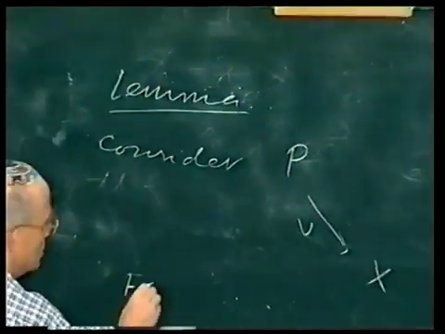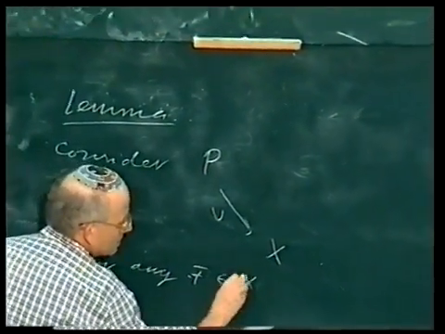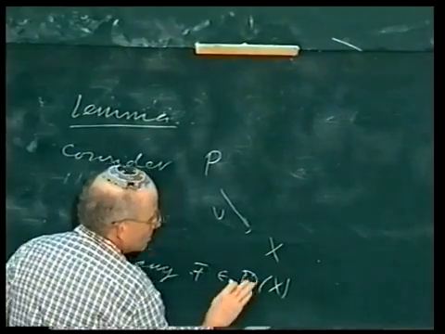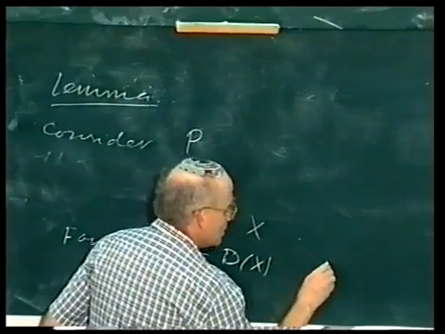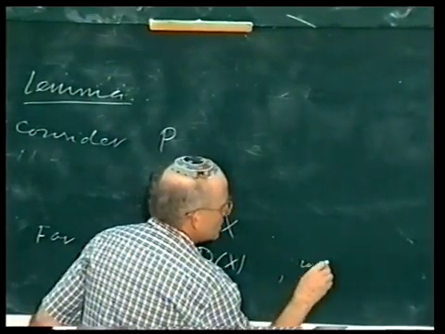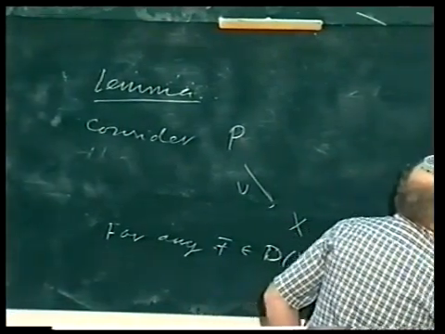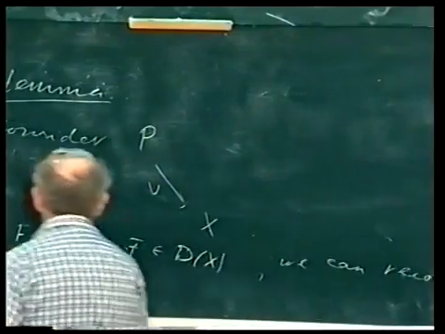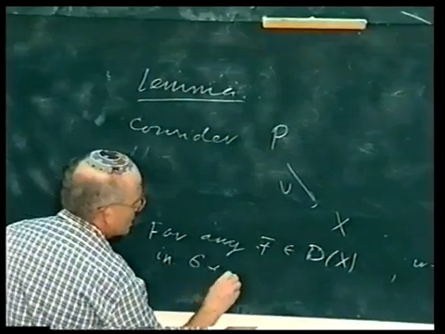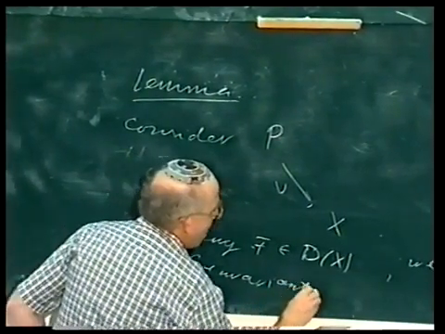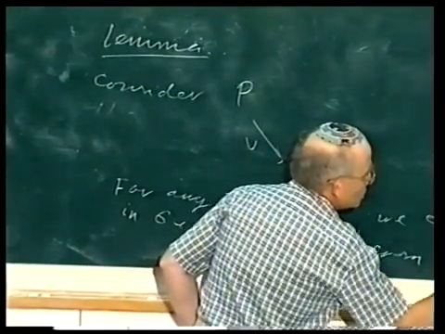Then for any F in the category of X, with this restriction homology, we can reconstruct F in a G-invariant way from H, which is mu star of F.